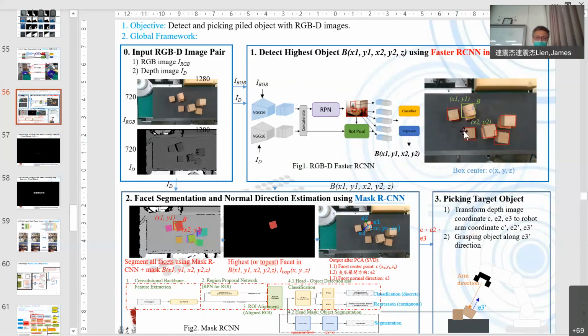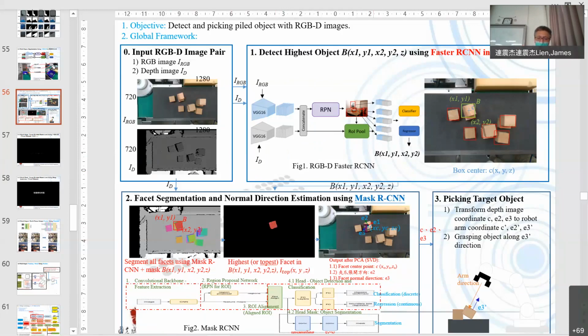thing. So the input and output will be the bounding box. And based on the depth information, we can judge and decide the top one. So the top one is based on the depth information. We can pick out the top one and then try to find the normal direction.